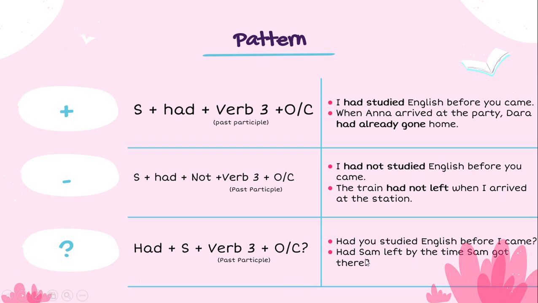And then for the interrogative sentence, we move the had to the beginning. Had you studied English before I came? Had Sam left by the time Sam got here? Oh, sorry, we have to change another person. So for this interrogative sentence, you can answer it in the form of past tense or in a complete sentence.